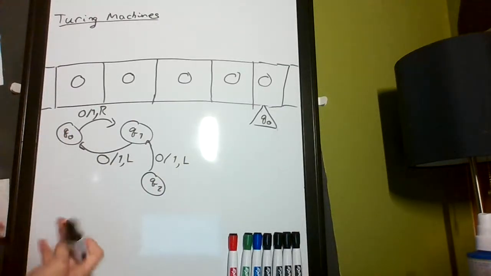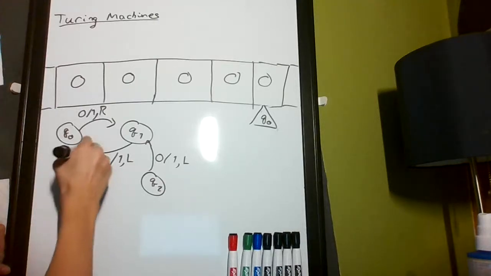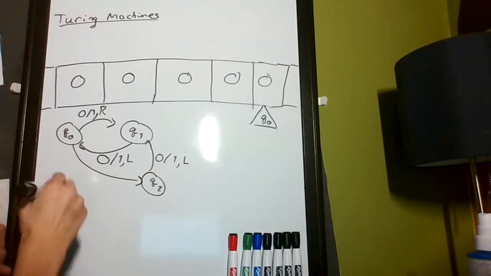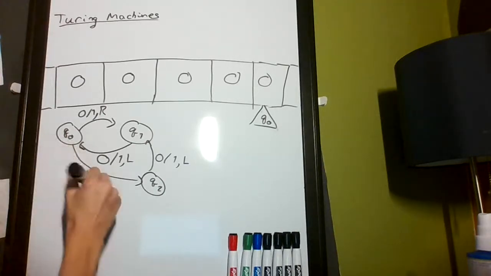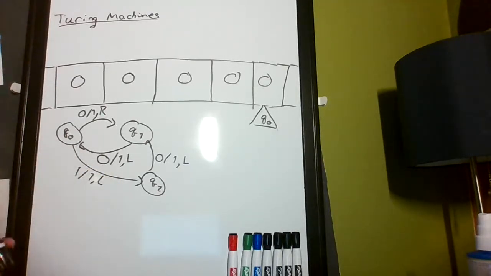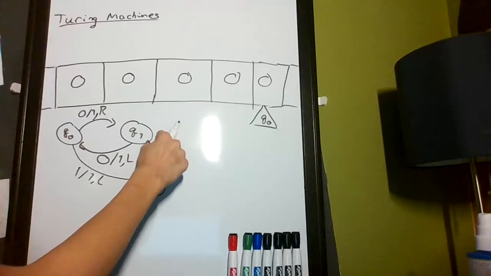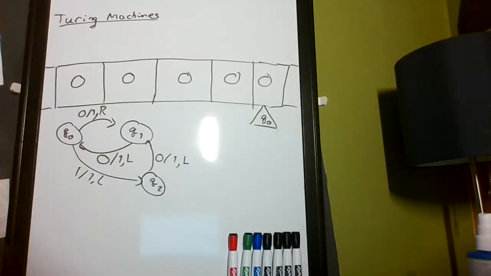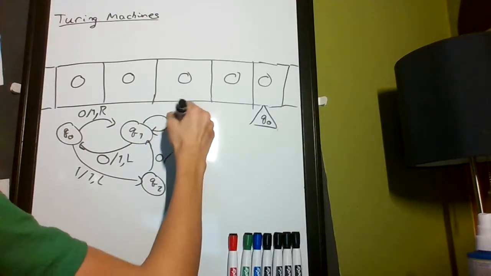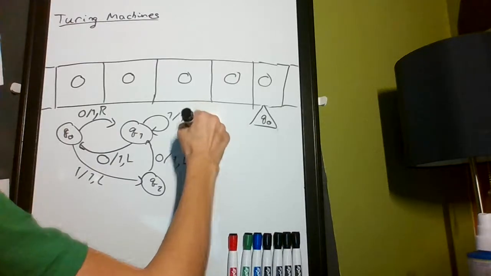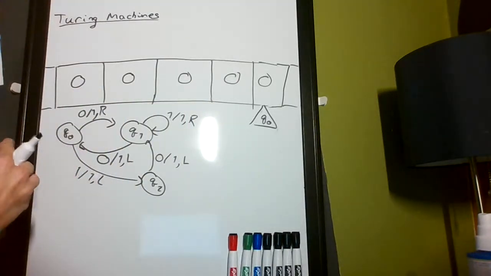Now, if I read 1s, it's going to be a different story. Right here, if I read a 1, what I'm going to do is I'm going to write the symbol 1, move it left, and move it to Q2. But if I'm at Q1 and I read a 1, what I'm going to do is I'm going to write a 1, move it right, and move it to itself.